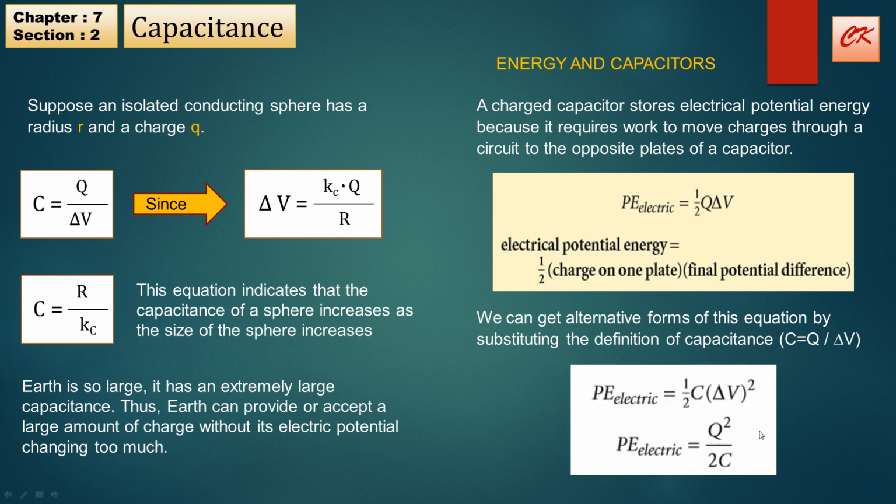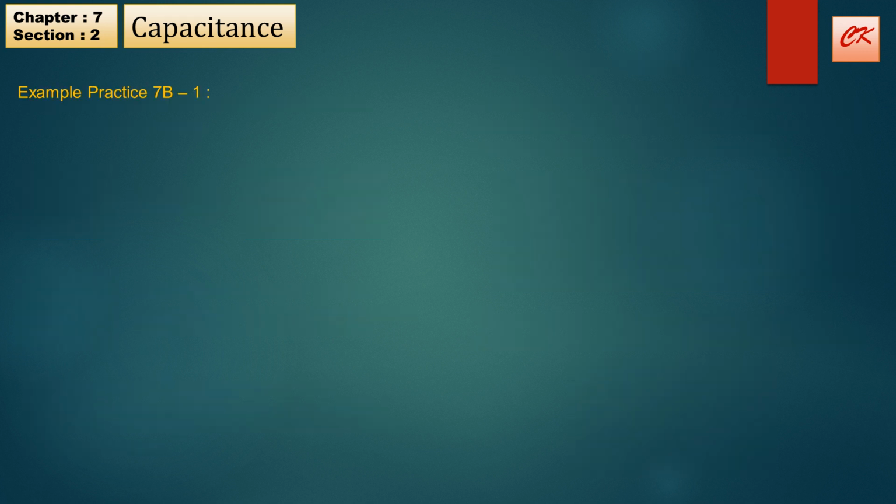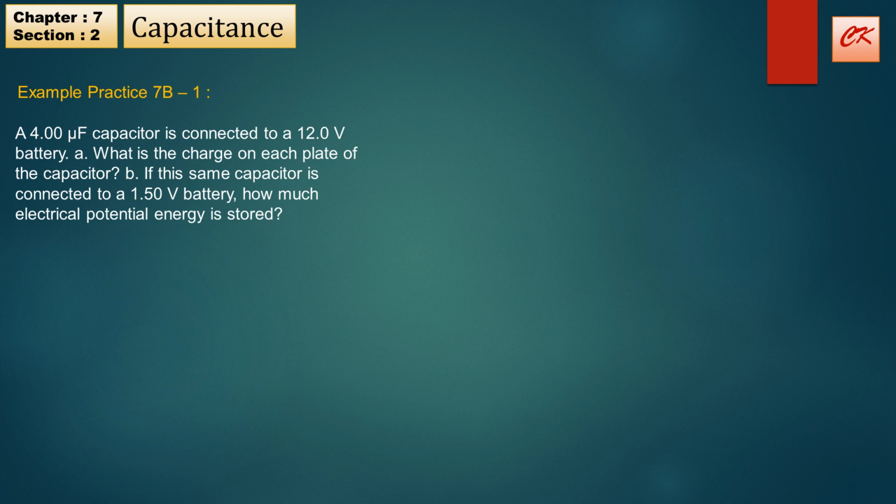When we change them, we will get another alternative equation for the energy: 1/2 C delta V squared, or Q squared over 2C, also used to calculate the electric potential energy of a capacitor. That's all. Let's solve some examples.